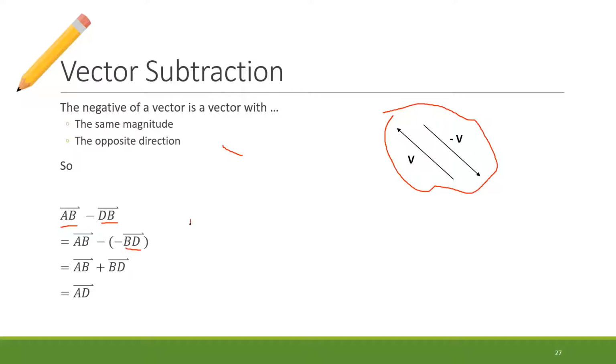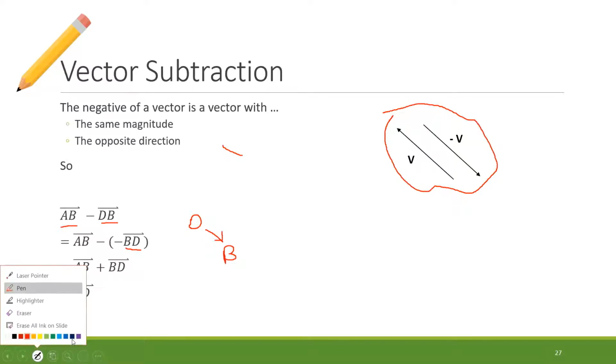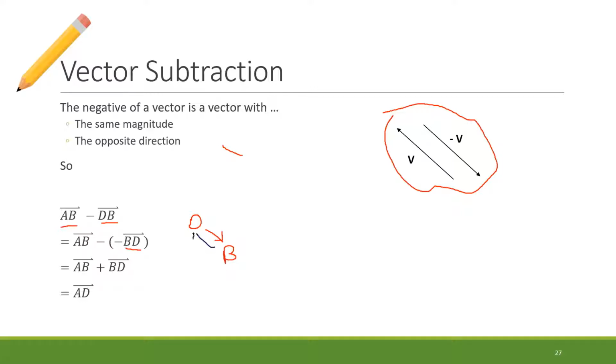If you've got D and then you've got B down here, the negative of vector DB is in the opposite direction. It's going to be a negative, and that negative is going to be BD.